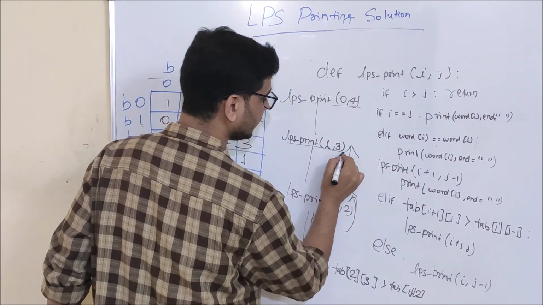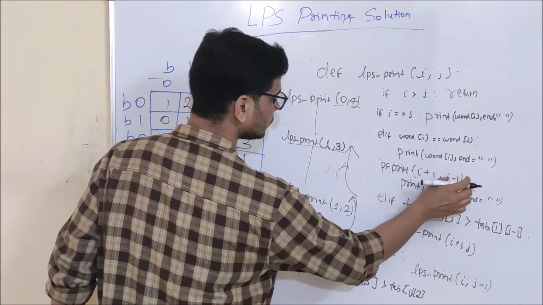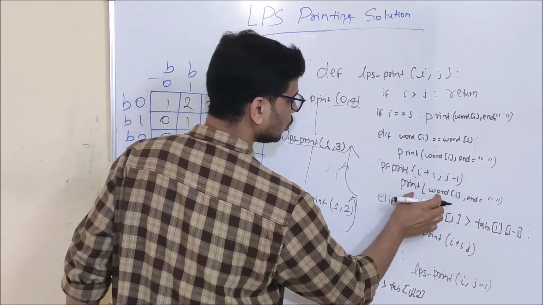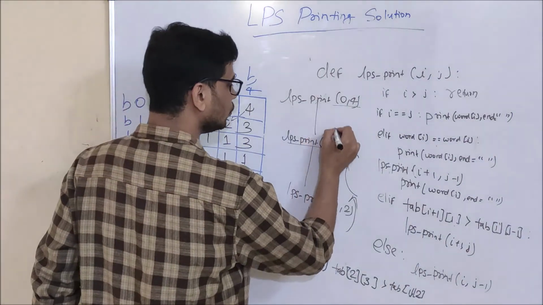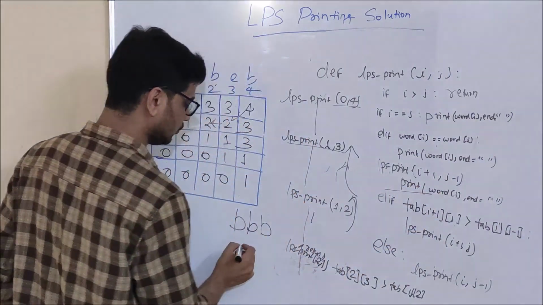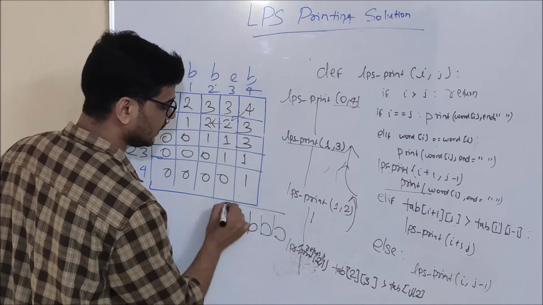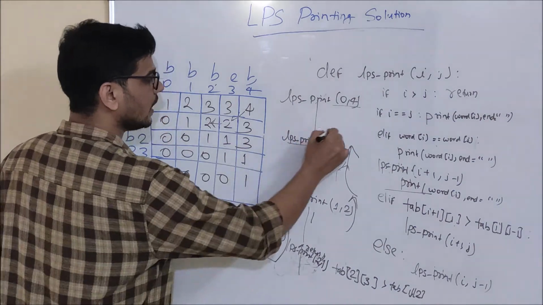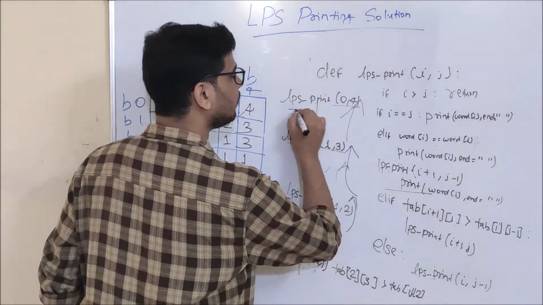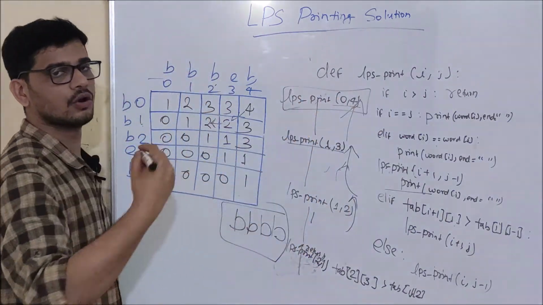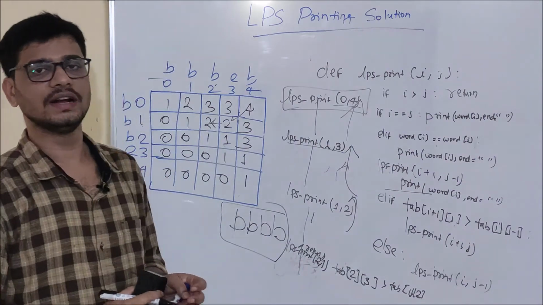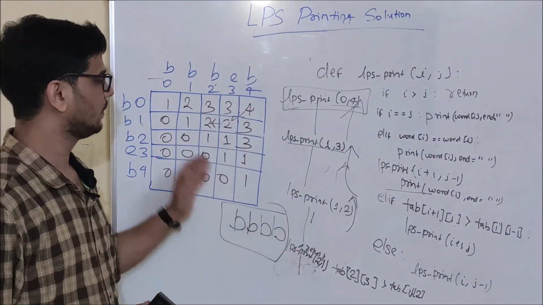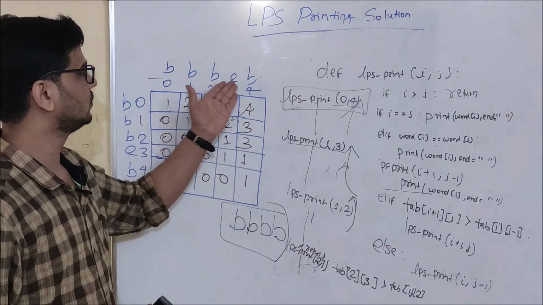Now it is getting the return for LPS print 1 plus 1, 3. Now it will print the word. Okay. So its third line will be executed and B will be printed. So friends, when B is printed, LPS of 0, 4 will close. So this is how this program will execute. That is the dry run for this particular program on this bottom up table and this word.